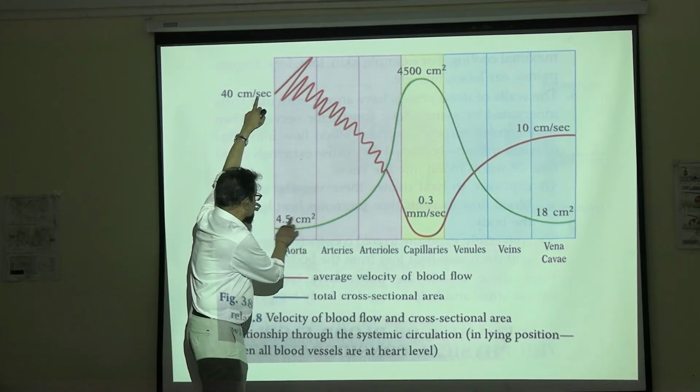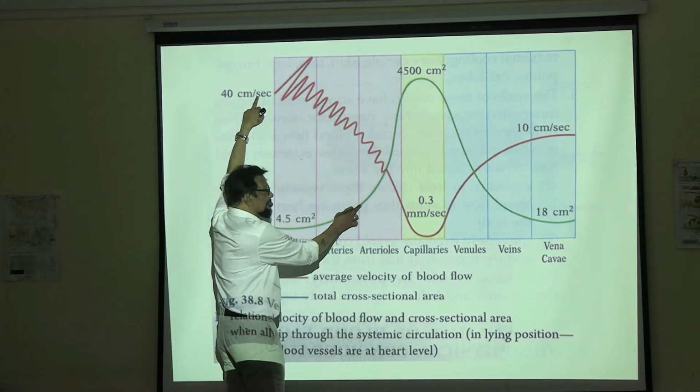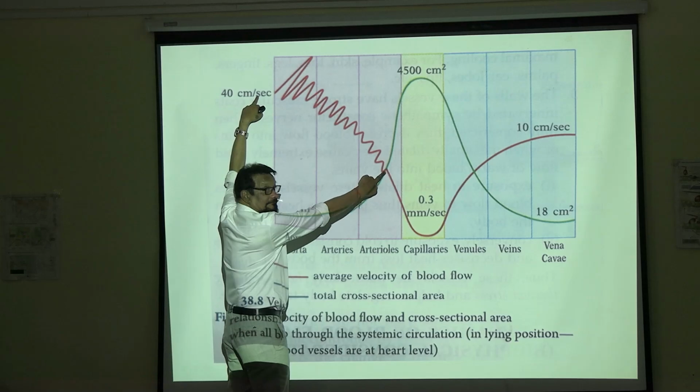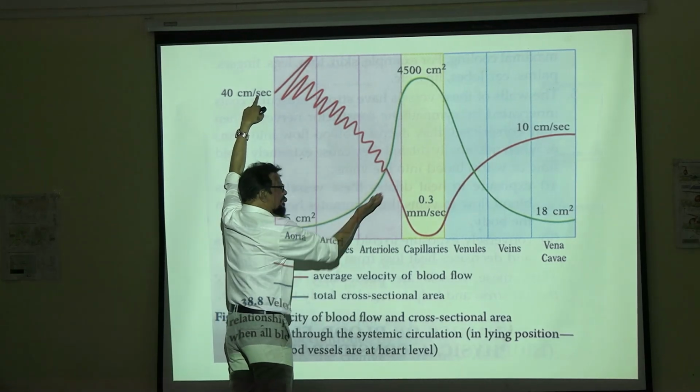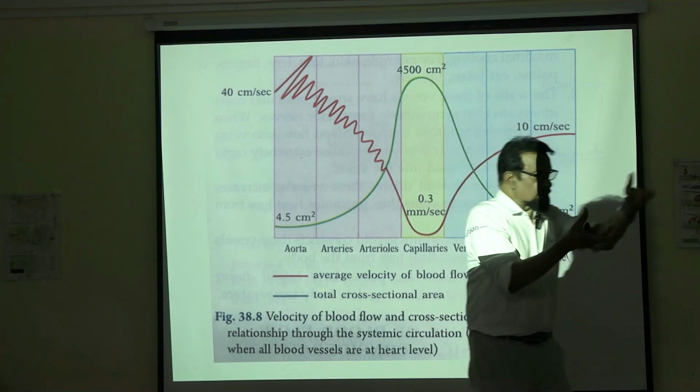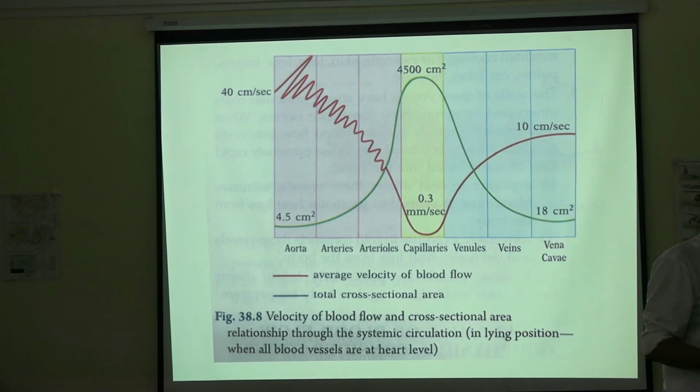So gradually it is reducing. Gradually the total cross-sectional area is increasing. Why increasing? Because it is producing branches. All are having their own cross-sectional area, so the sum total area is increasing.